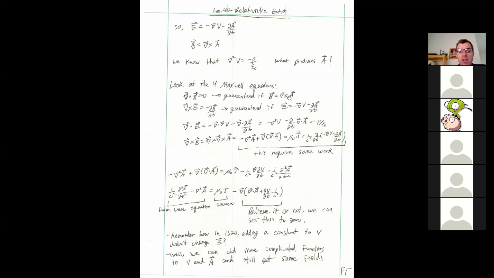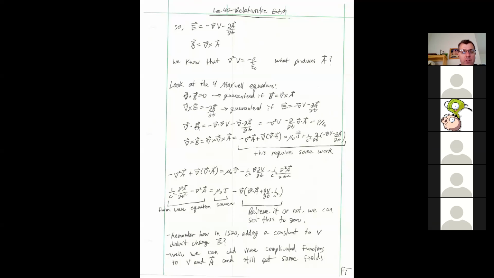That's guaranteed if B is the curl of A, because the divergence of a curl is 0. And this equation, we just talked about how this one is guaranteed to be satisfied if E is written that way.